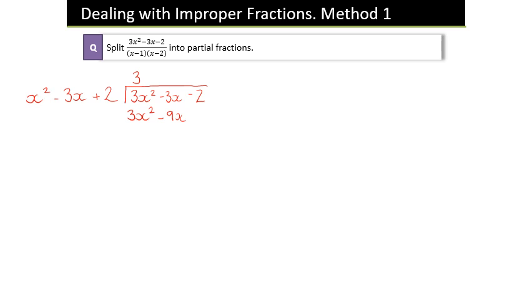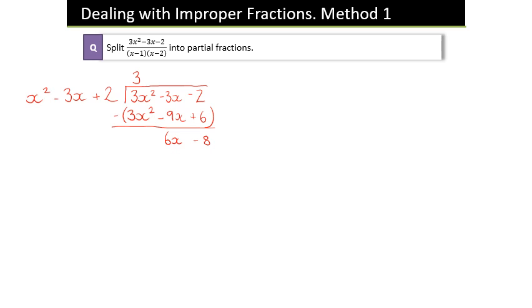And 3 times positive 2 is positive 6. So I'm going to subtract that off. My x squareds are going to cancel each other out. Minus 3 take off negative 9, so that's going to give me 6x. And then minus 2 take away 6 is minus 8.